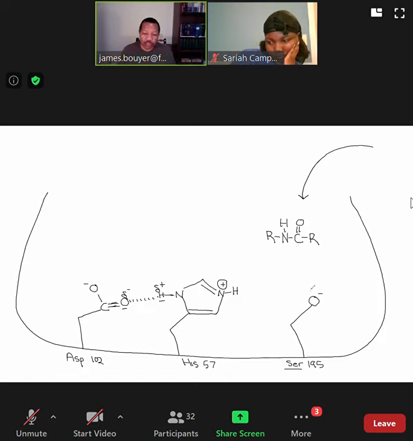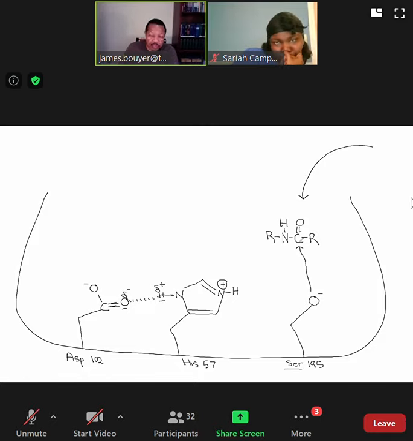So we're going to do this. The arrow represents the flow of electrons. So the electrons start with the oxygen, and the arrowhead is going to end up with the carbon.